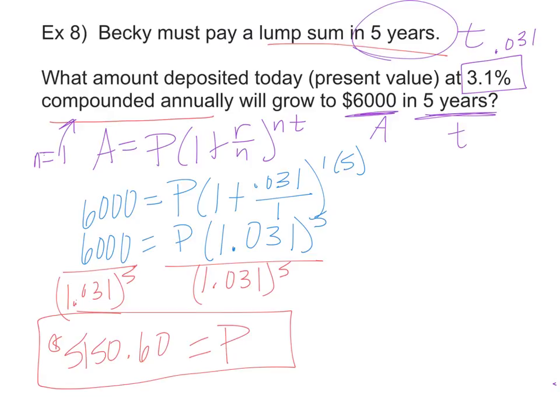So that's my goal, is if I have to come up with the $5,150.60 up front. So this is something where you can say, this is everything I have. What are you going to get? It's also good to say, okay, so if this is the account I'm plugging this into, what do I have to come up with in order to get my goal of X amount of dollars?